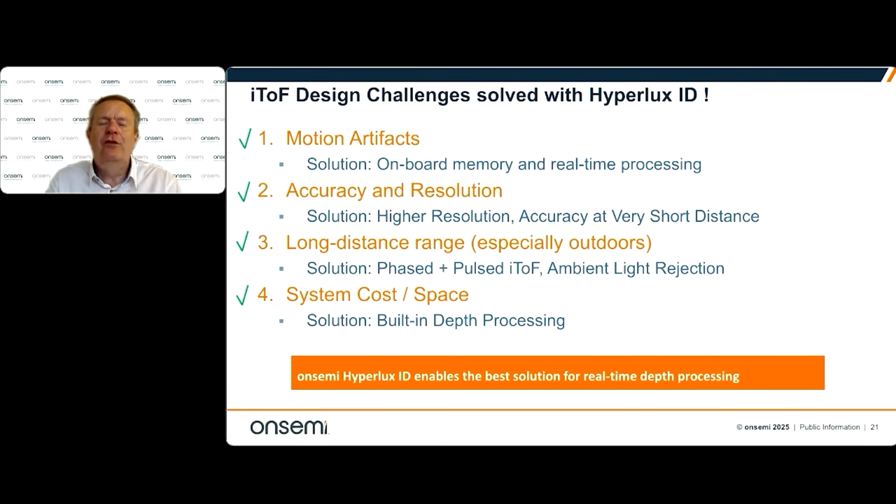So the offering that onsemi has, I haven't mentioned any part numbers here, but I'll now mention part numbers. So Hyperlux ID consists of a family of two devices. One is called the AF0130, and the other one is called the AF0131. So the AF0130 has this built-in depth processing.